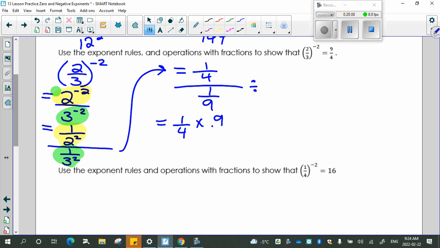So you change 1/9 to 9/1. And now you've changed it into a multiplying question, which is the easiest fraction operation. 1 times 9 is 9, 4 times 1 is 4. Okay? So look, we showed that 2/3 to the -2 is equal to 9/4. And that's how many steps it took us.